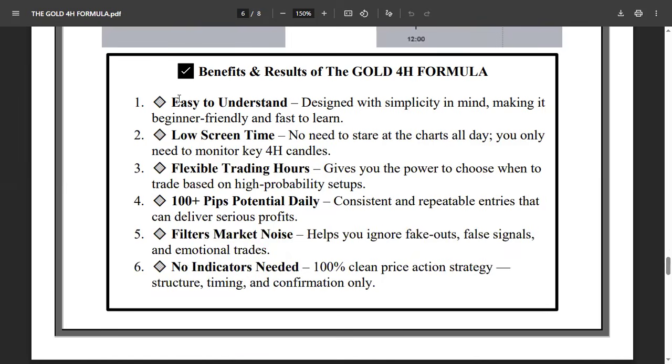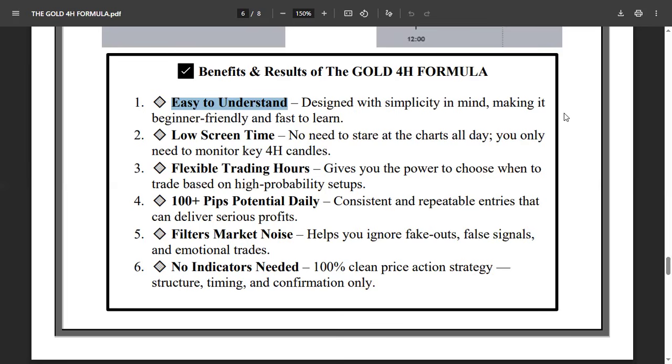So the benefit of this is it is easy to understand. I tried to come up with a simplified version of analyzing the market, reducing all the analysis time.